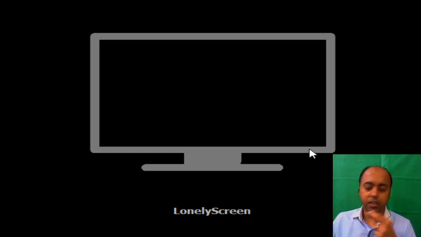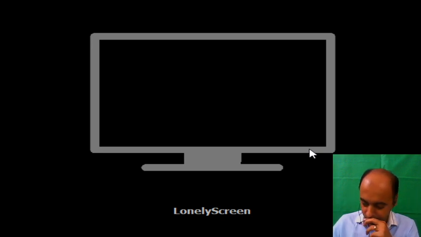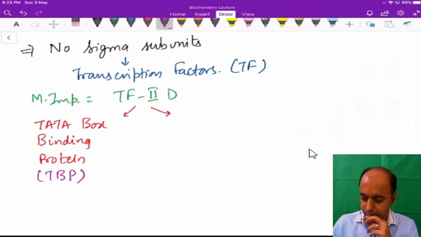Just give me 1 minute. Let me sort out this connection issue. There is some connection issue of the iPad with the monitor. I don't know why it disappeared. Just give me a second. We'll sort it out.